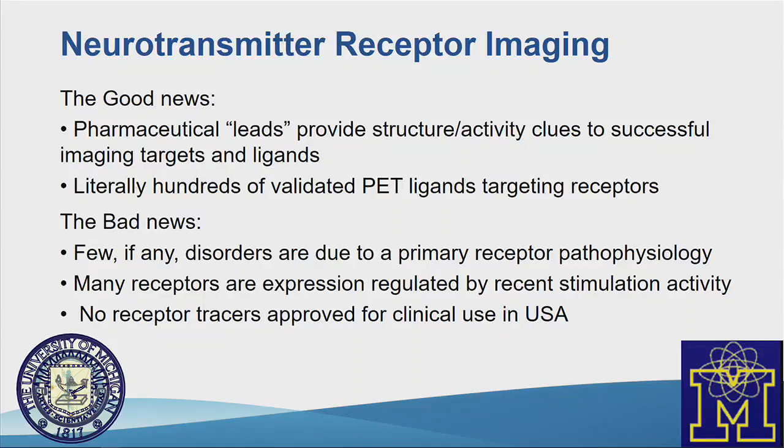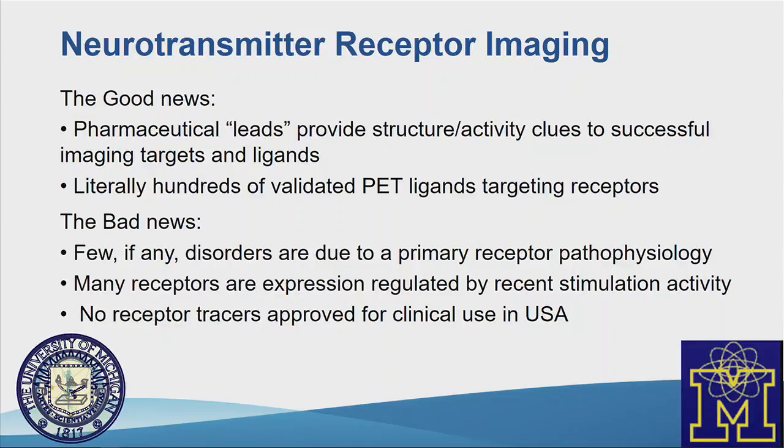But the bad news is that as we've thought about this over the decades, there are very few, if any, disorders that are really related to a primary neuroreceptor pathophysiology. So we don't have such diseases in our textbooks and in our knowledge base. And so the receptor imaging tends to be a secondary aspect of things rather than targeting the primary neuropathology.